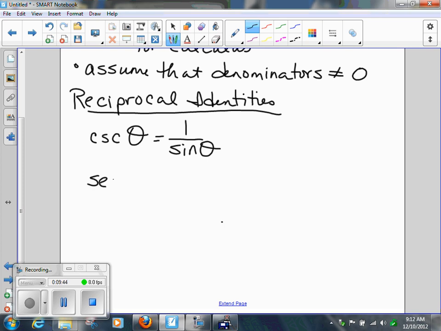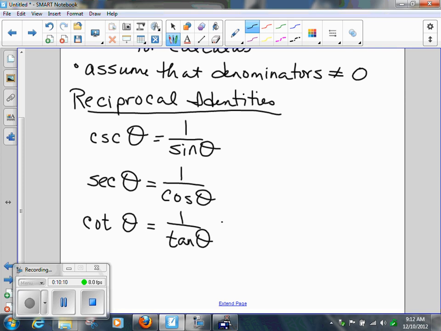Secant theta is equal to 1 over what? Cosine. And then, of course, cotangent is 1 over tangent theta. Y'all with me? Yeah?